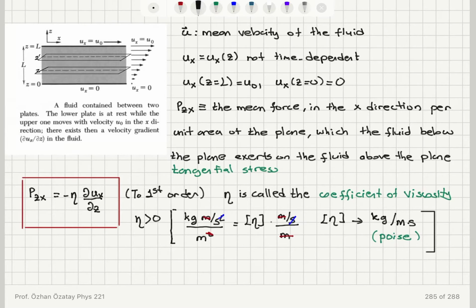And you can see that if the tangential speed, del ux del z, is increasing with distance, so the gradient is positive, then you will find that the mean tangential stress Pzx is going to be negative, which is trying to slow it down.